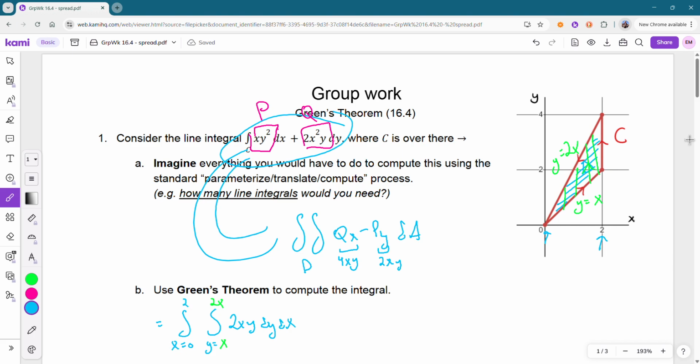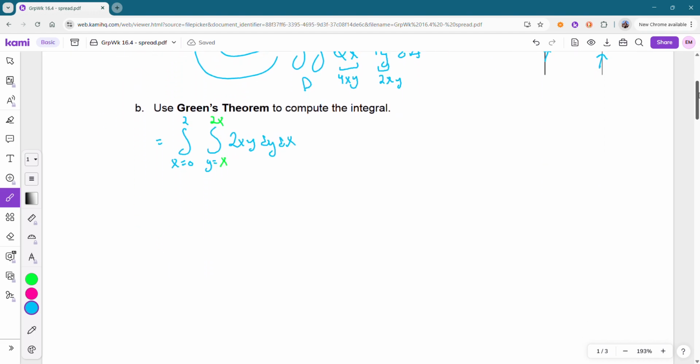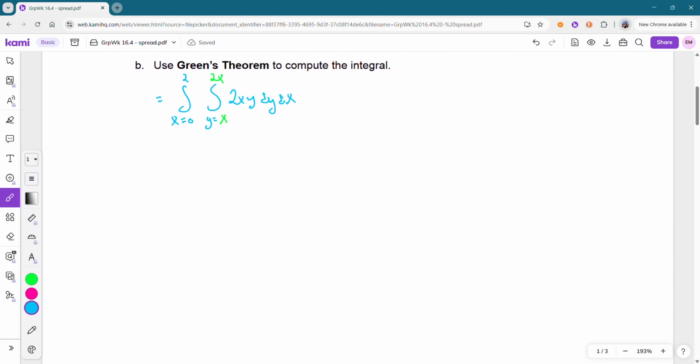At this point, we just compute this double integral like we always have. So y is our starting variable. We're going to get xy squared as we antidifferentiate, evaluated from y equals x to 2x.